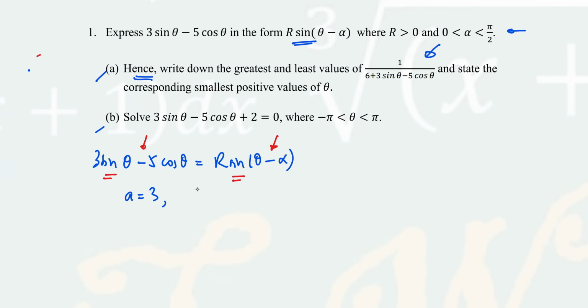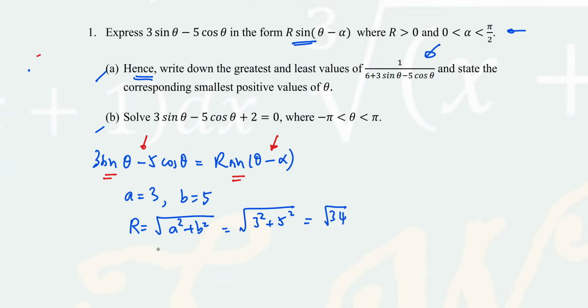Obviously my a is positive 3 and my b is positive 5. Then according to the formula just now, your r is square root of a squared plus b squared. That is going to be square root of 3 squared plus 5 squared. Then you will be getting square root of 34.